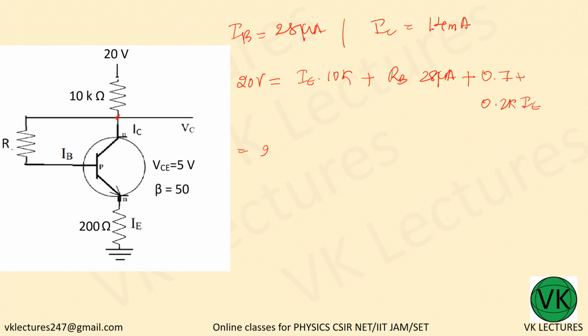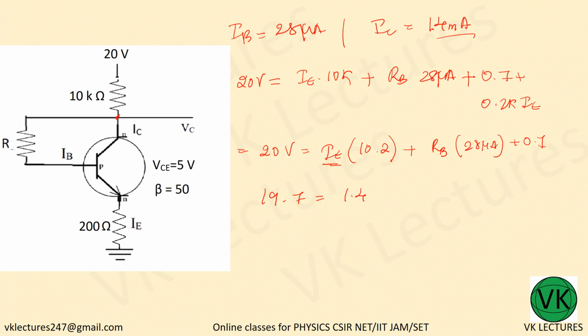So 20 volt is equal to IE into 10.2 plus RB into 28 microampere, and 0.7 volt also you can write. So 19.3 equal to, now IE value you can write as 1.4.